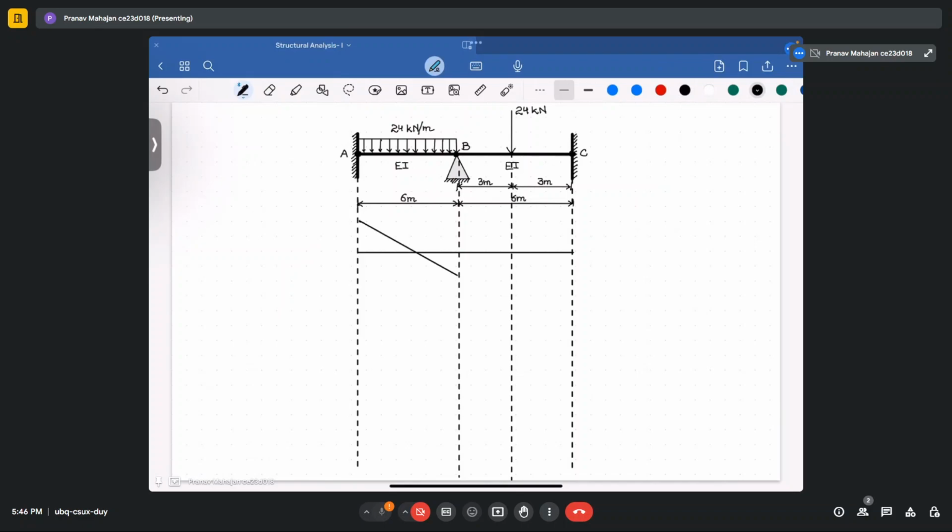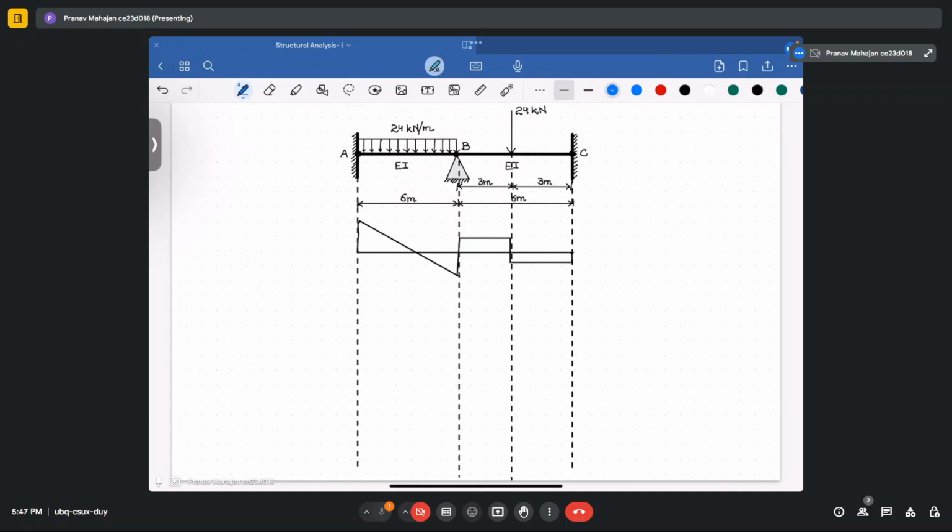Then it will move up for a certain part, and then it will continue further like this.